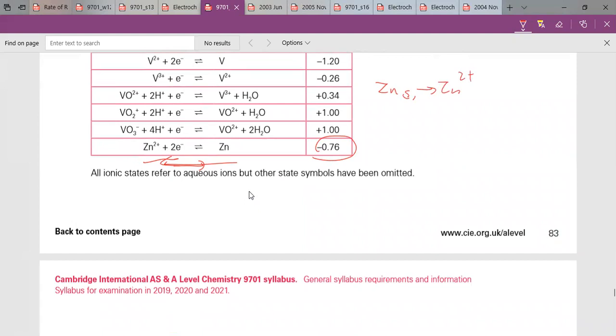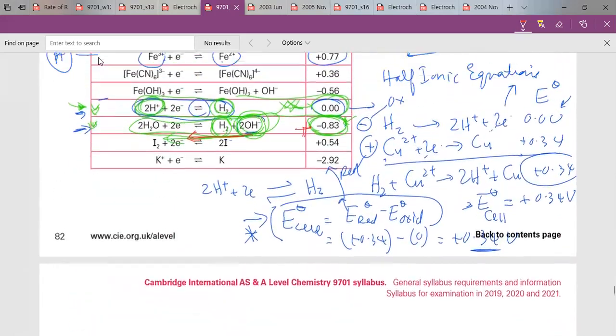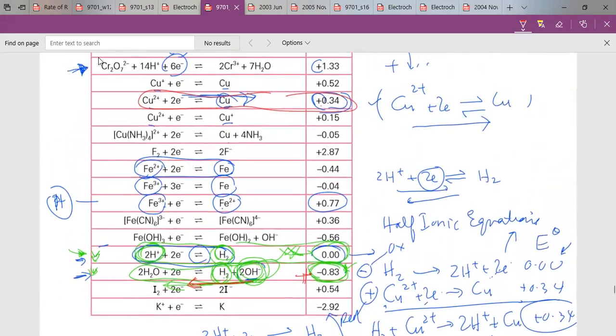That means the zinc is dissolving, plus 2 electrons. So in this case, the E naught here, when I reverse, I must change the sign. Positive 0.76 now. This is the negative pole. Now, positive pole. Copper is undergoing reduction, which is this one here.